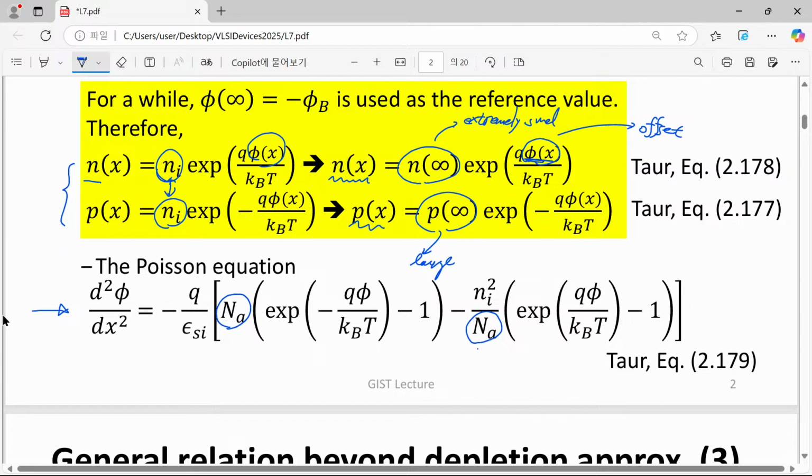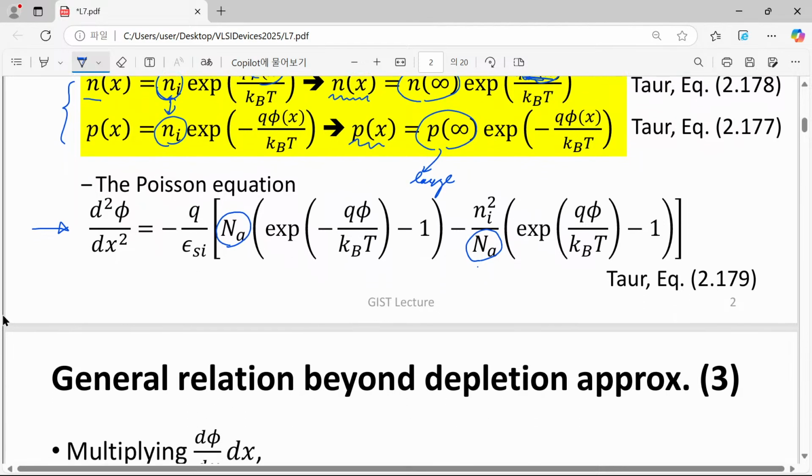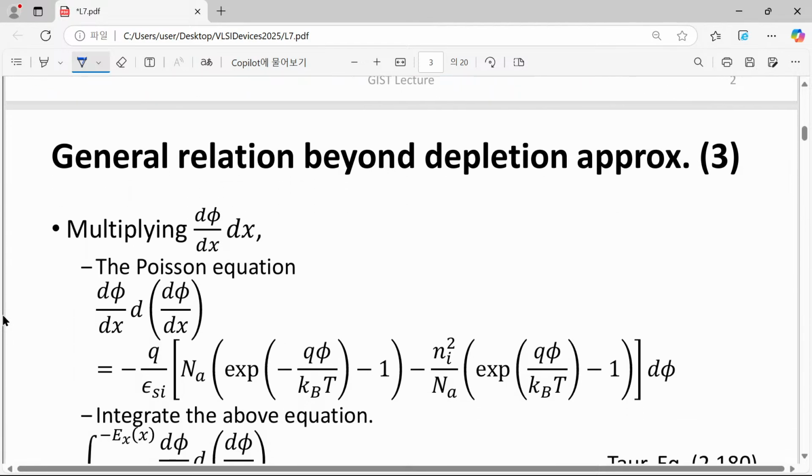Well, now this is the Poisson equation, and at the end of our previous lecture I told you that we have to multiply something and integrate this equation. But the natural question is why we have to do that. Here we have a Poisson equation.